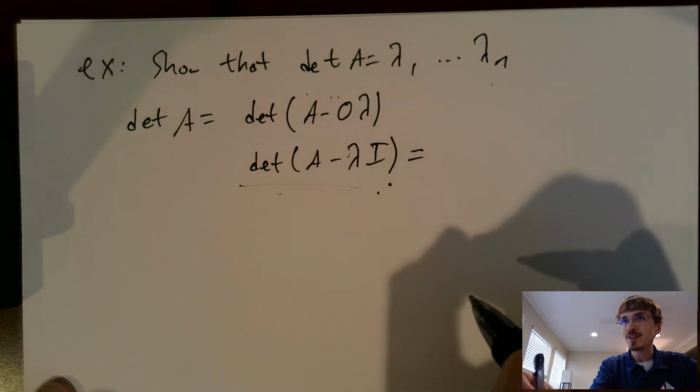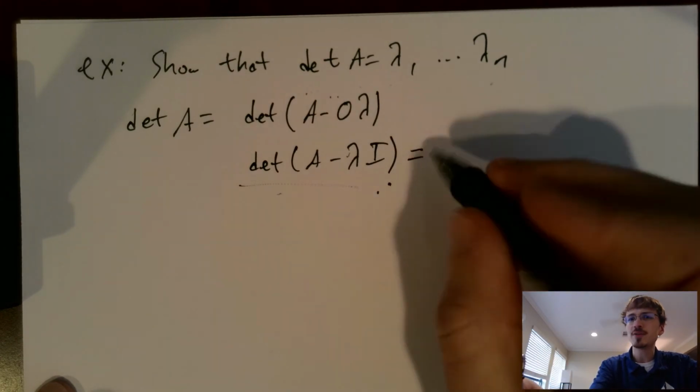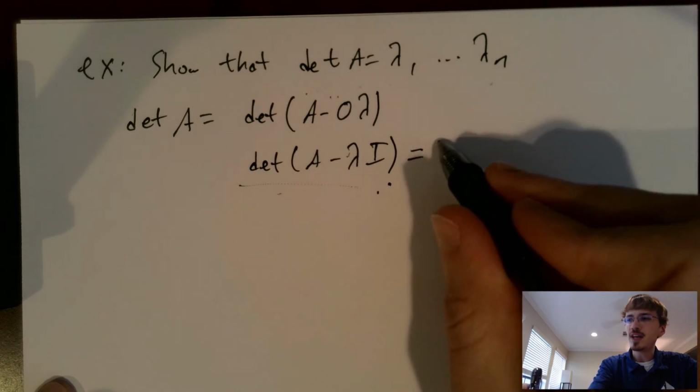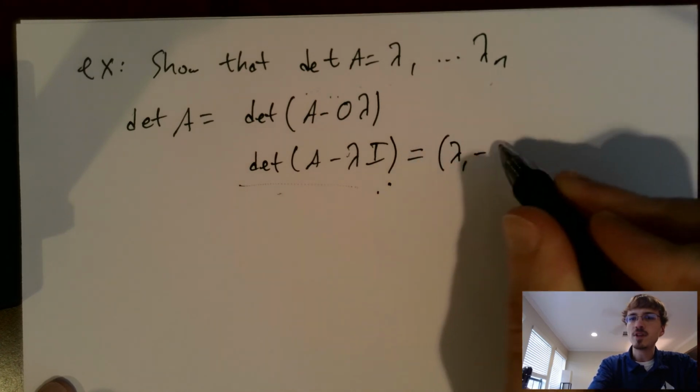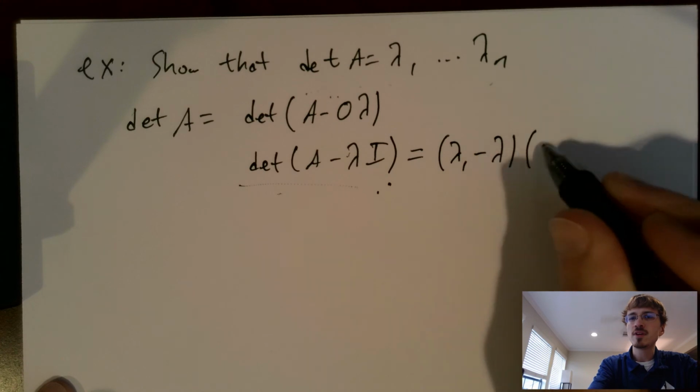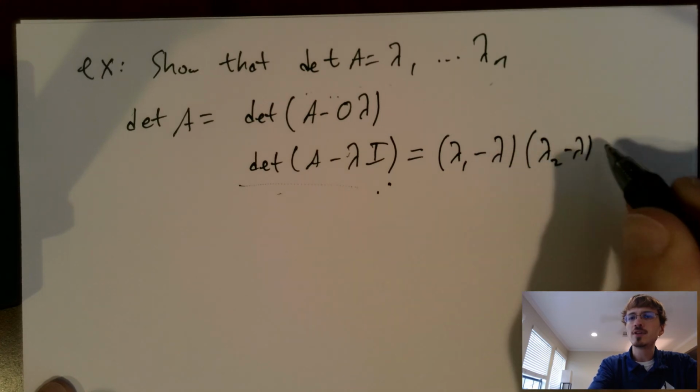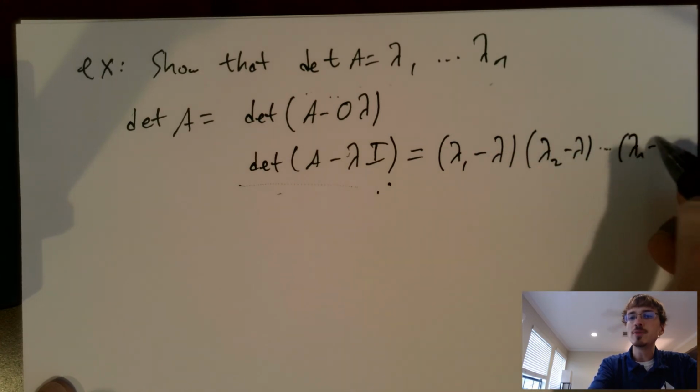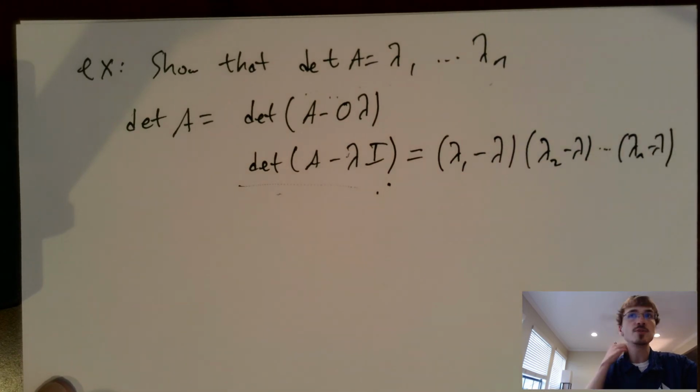Let's factor it as lambda 1 minus lambda times lambda 2 minus lambda times and so on, times lambda n minus lambda.